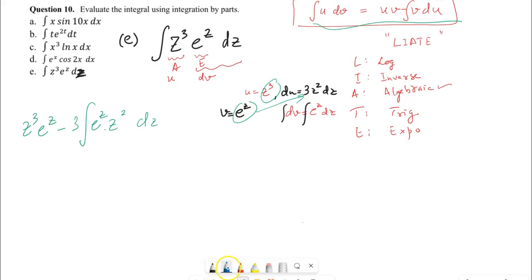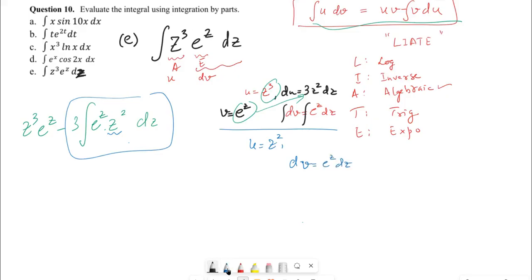Again, we came up with another problem which has to be dealt with using integration by parts. So we're going to start again. Again, this is algebraic, so u is equal to z squared and dv is equal to e^z dz. Similar steps. du is equal to 2z dz, and integrating we get v is equal to e^z.